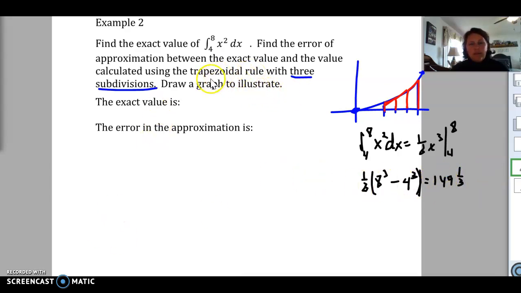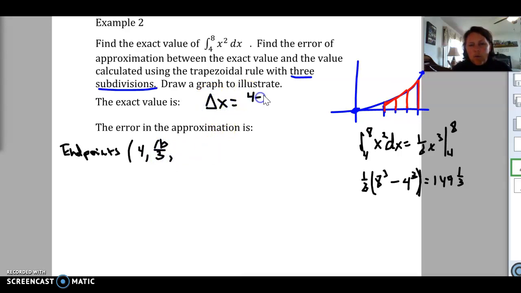So for the trapezoid rule, we need to know what all of our endpoints are. Well, let's see here. We need to know what our delta x is first.